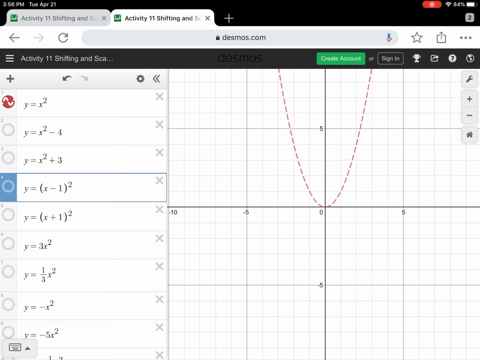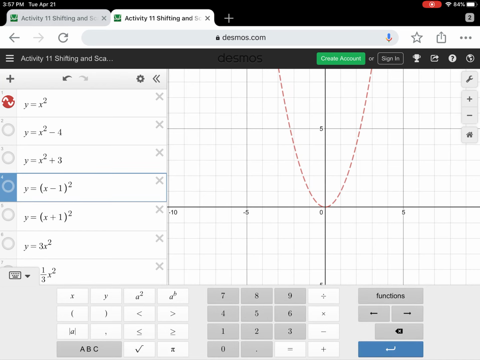The second change that you can have is putting a number inside the parentheses where the x is. This moves your graph left and right. If I put a minus 1 inside the parentheses, where do I normally see my negative numbers? I see them on the left side of 0, 0.